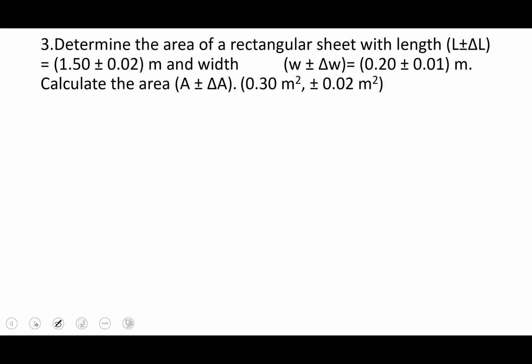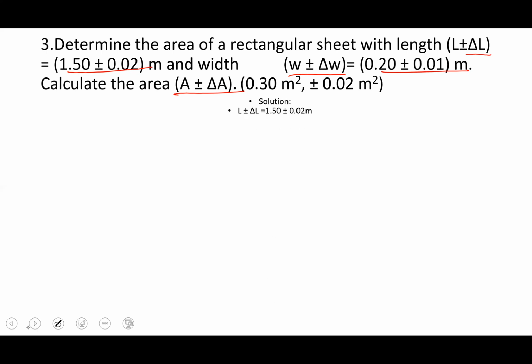Moving on to question number 3, it says determine the area for a rectangular sheet with the length L plus minus delta L, which is 1.5 plus minus 0.02 meters, width of W plus minus delta W, which is 0.20 plus minus 0.01 meters. Calculate the area, which is area plus minus delta area, which we have to find out.